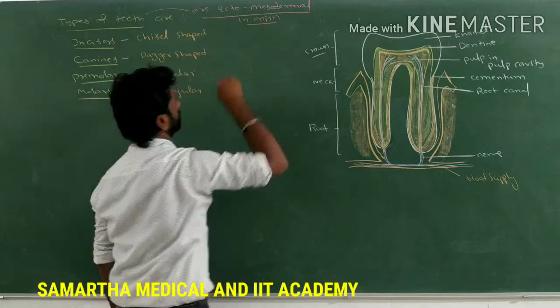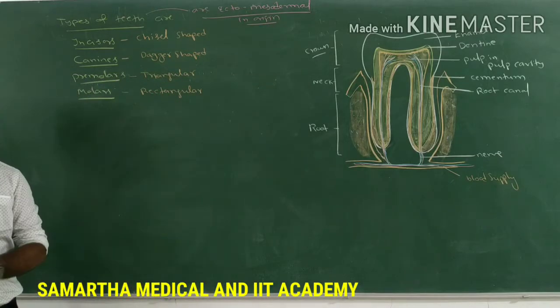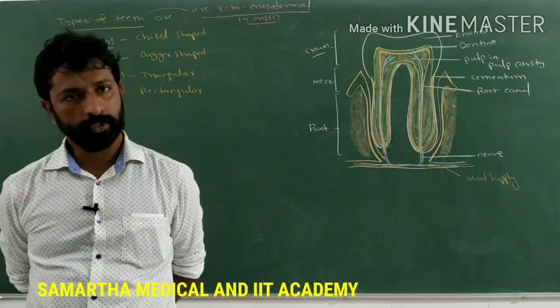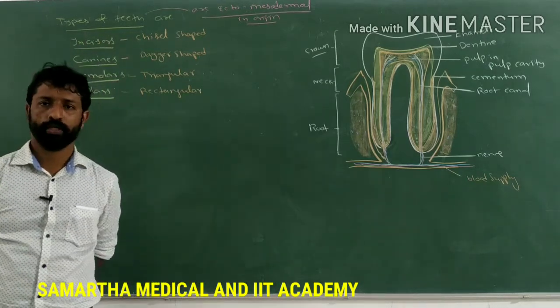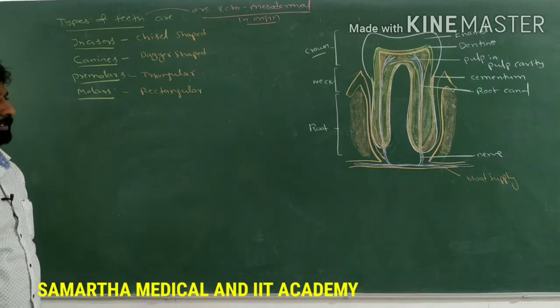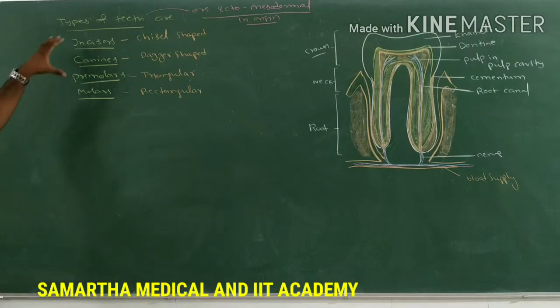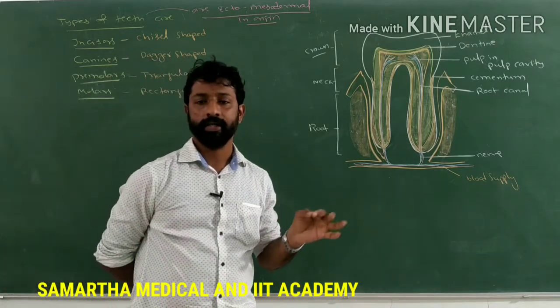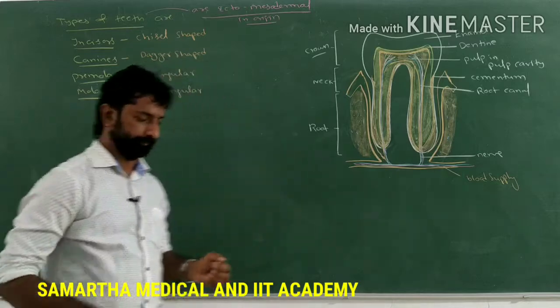Means from which germinal layers the teeth are developed in human beings: from 2 germinal layers, that is ectoderm as well as the mesoderm. Remember their origin. And we already know 4 different types of teeth are present, so this type of dentition is called a heterodont type of dentition.